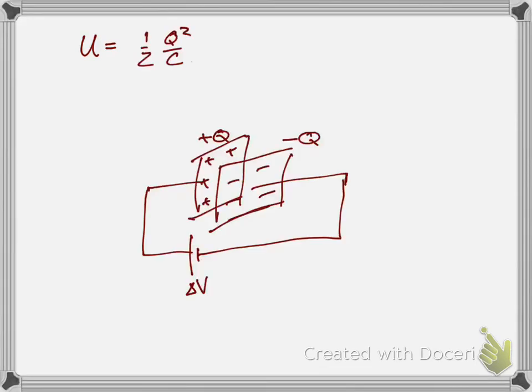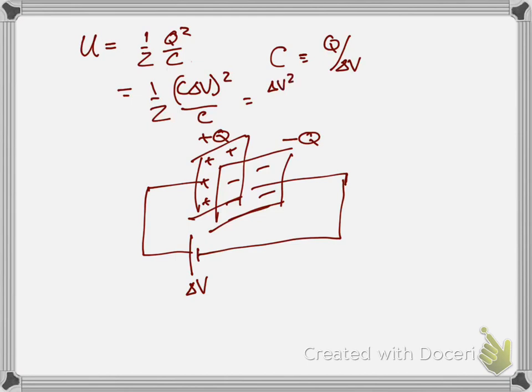Okay, we have seen previously that the potential energy in a charged capacitor is 1/2 Q squared over C, which, because C is defined as Q over delta V, also equals 1/2 Q times C delta V. So we have C delta V squared over C, which is delta V squared over 2C.